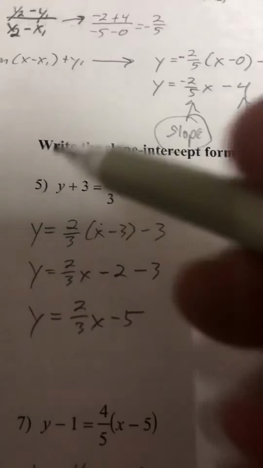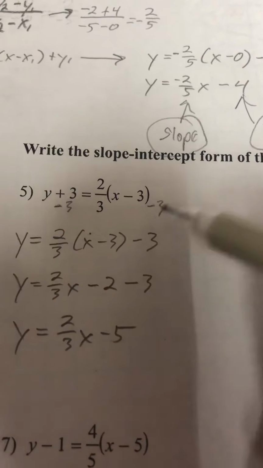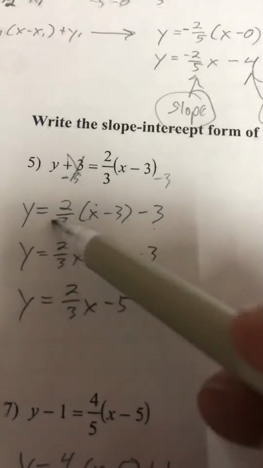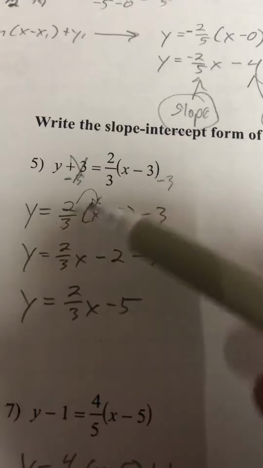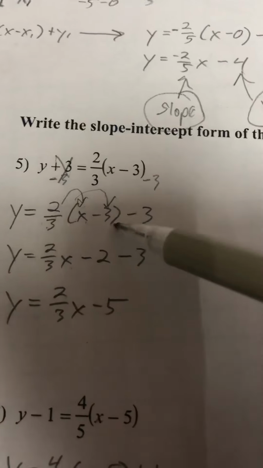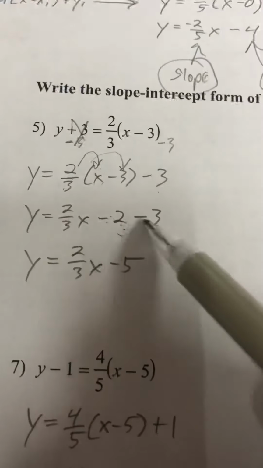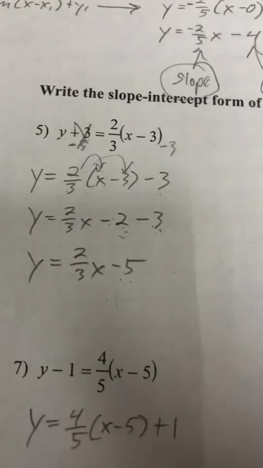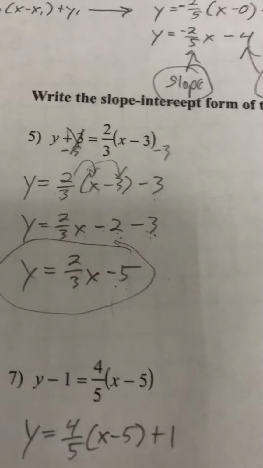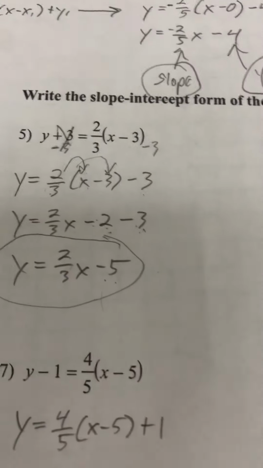Actually, I'm sorry, I'm subtracting 3y from both sides. These cancel out, so I'm left with this. I do the distributive property. 2/3 times x is 2/3 x. 2/3 times a negative 3 is a negative 2. I combine my like terms. Negative 2 minus 3 is negative 5. And so this is my slope-intercept form, going from point-slope form to slope-intercept form.